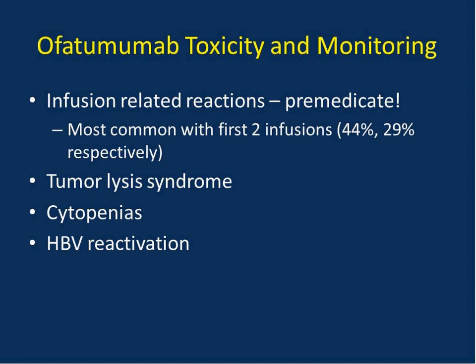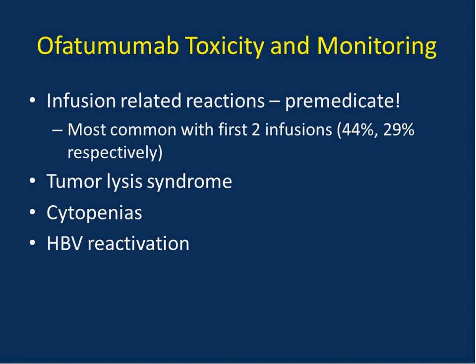As far as toxicity and monitoring, again, infusion-related reactions are the big problem, typically, with ofatumumab, and patients are typically in the treatment room for anywhere from 6 to 8 hours with their first and second infusion. Tumor lysis syndrome, again, is a possibility.